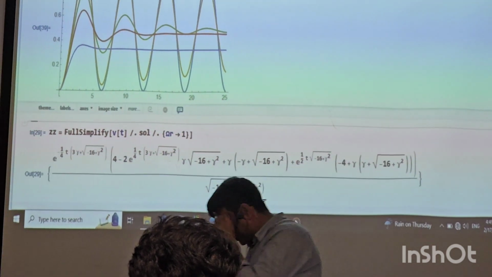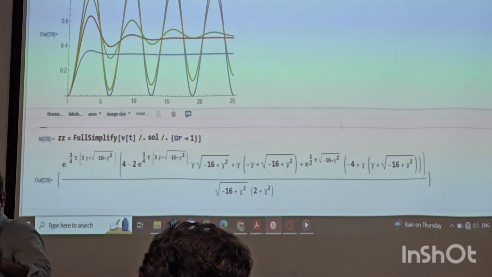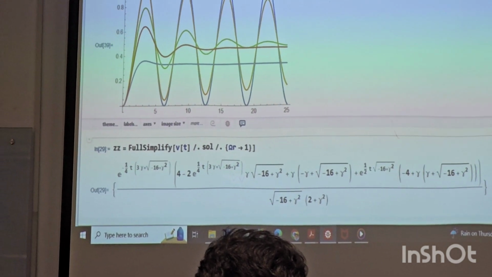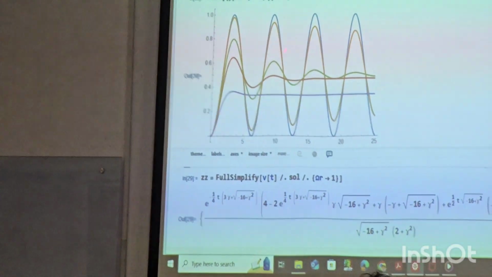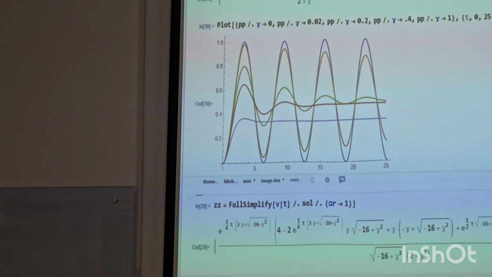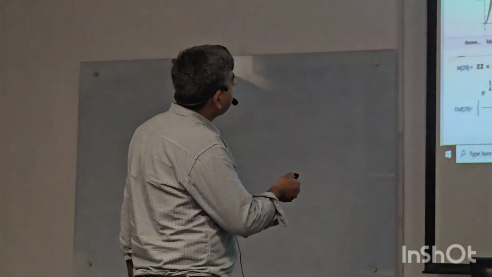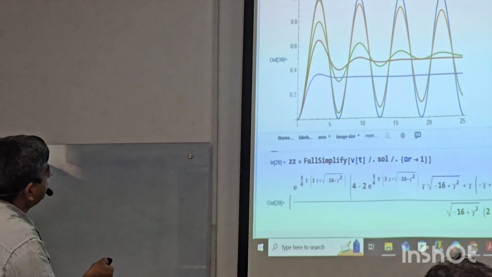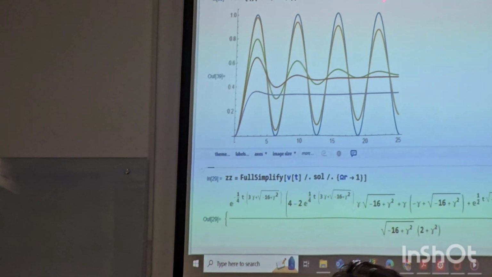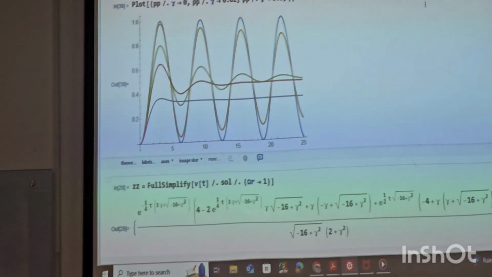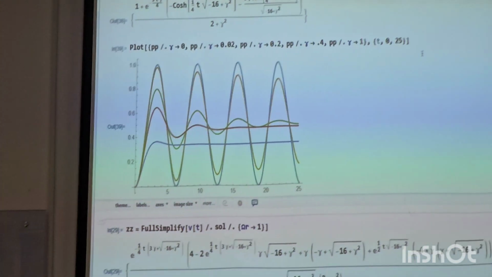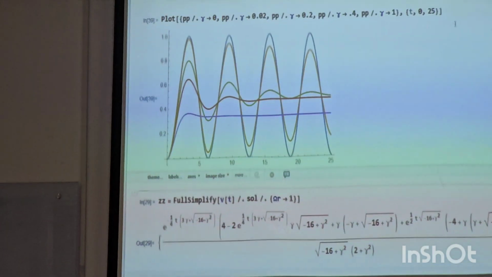Alright. So now let's look at this scenario. On resonance, damped. The top curve is when there's no damping, Rabi oscillations. But now I successively increase the damping from 0.02, 0.2, 0.4, all the way up to a damping rate which is equal to the Rabi oscillation.